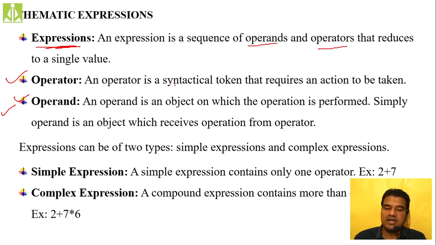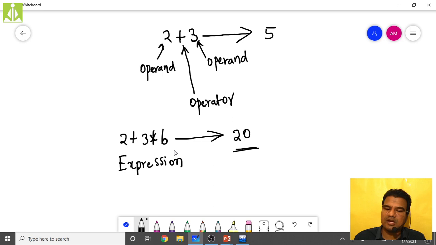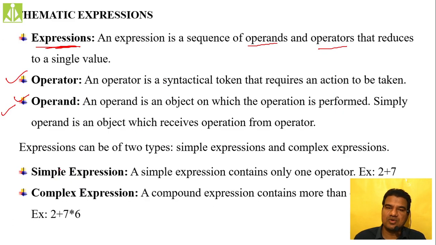If an expression contains more than one operator, then it is a complex expression. So this is my complex expression as it has two operators. I'm categorizing simple and complex expressions based on the number of operators used in the expression. If one, it is simple; if two or more, it is complex. So remember that.